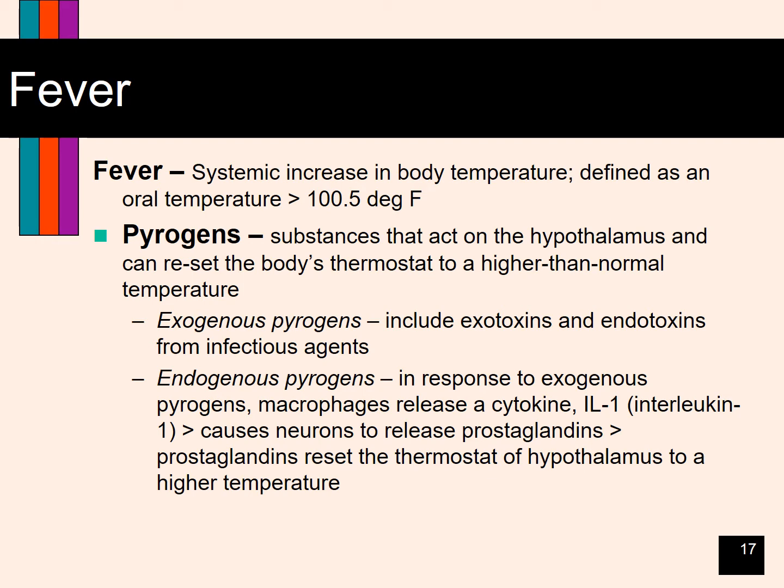So fever is defined as an oral temperature that's greater than 100.5 degrees Fahrenheit. Okay, we're talking about Fahrenheit right now. And this is in response to pyrogens, okay, exogenous pyrogens. It's kind of old school terminology, but these would be like exotoxins and endotoxins from bacteria.